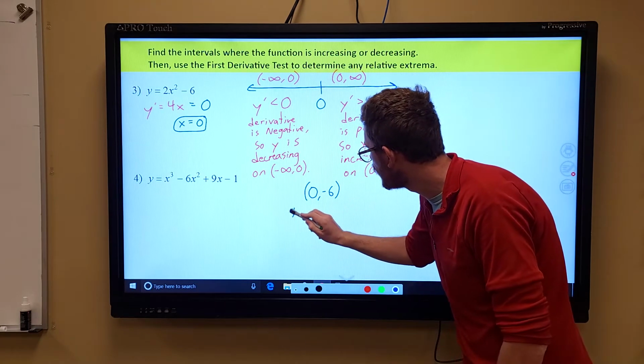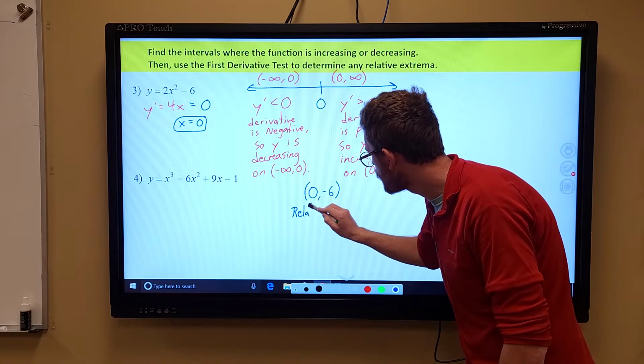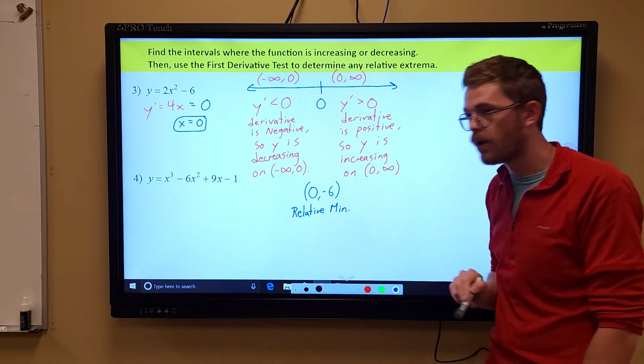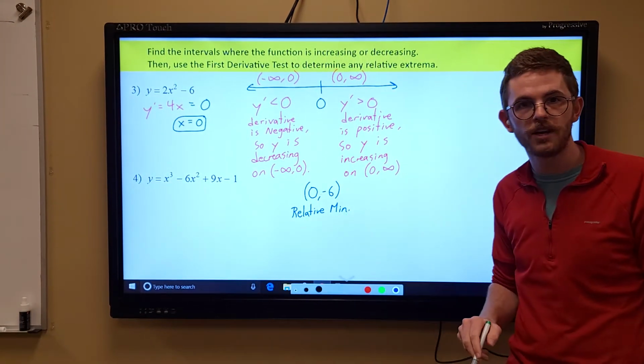So we are going to have a relative minimum right here at (0, -6).